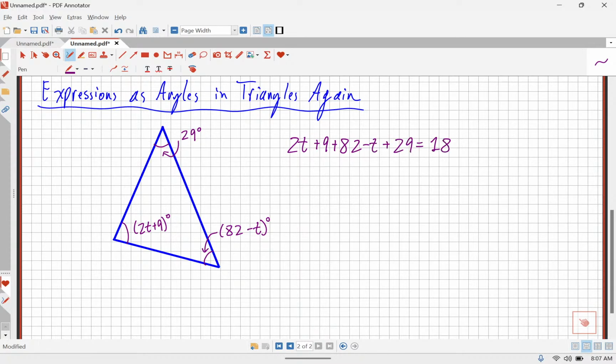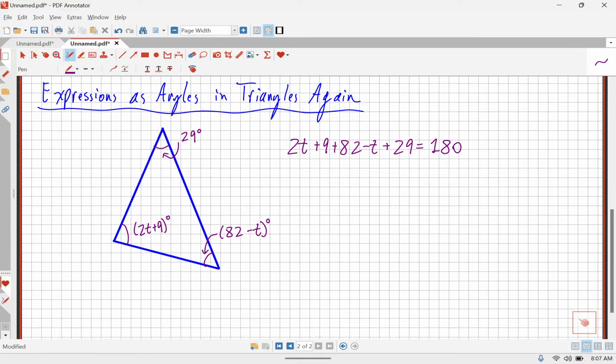That's exactly right. Whatever they say, you add them together and you set it equal to 180. Because what I know about the interior angles of a triangle is they always add up to what, everybody? They always add up to 180, that magic number that comes up again and again in this class this year, okay?